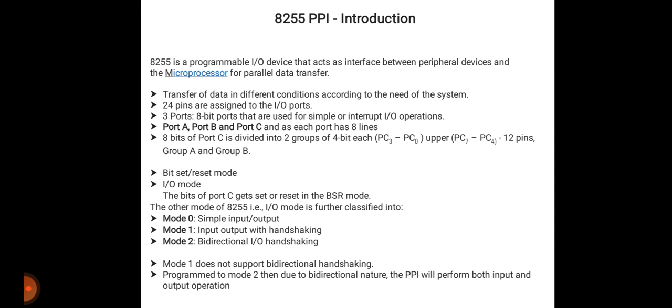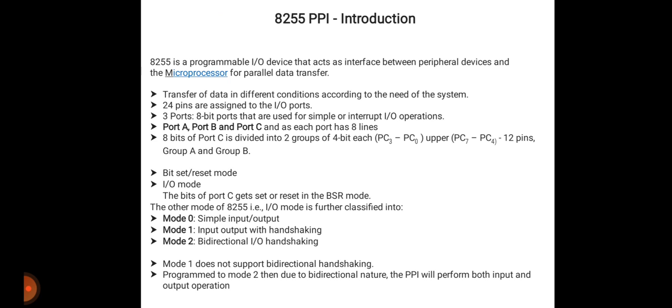So what is the meaning of handshaking and bidirectional handshaking? We will see one by one. Mode 1 and mode 2 are similar, but the only difference is that mode 1 does not support bidirectional handshaking. So if 8255 is programmed to mode 1 input, then it will be connected to the input device and perform the input handshaking with the processor.